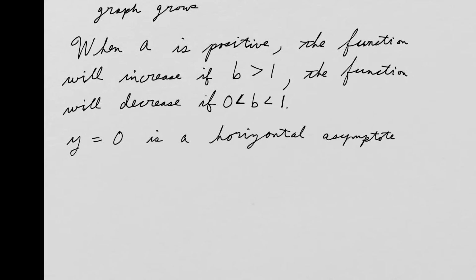Now the a, if a is greater than 0, and that's the case we're dealing with so far, the graph is concave up. Regardless of what the b is, the graph will be concave up.